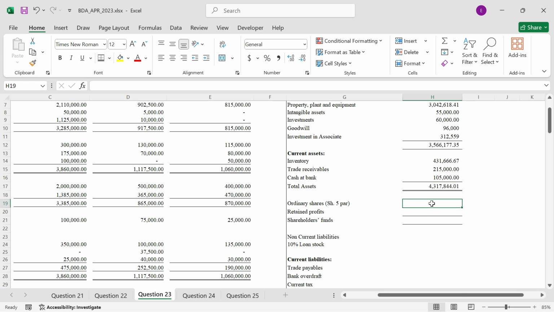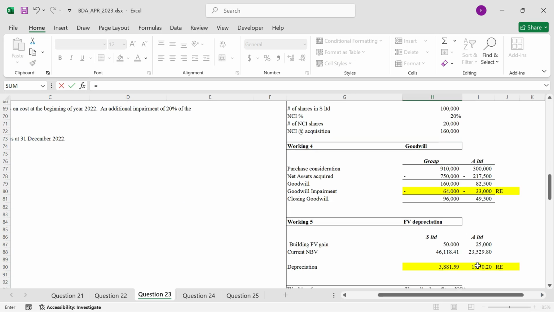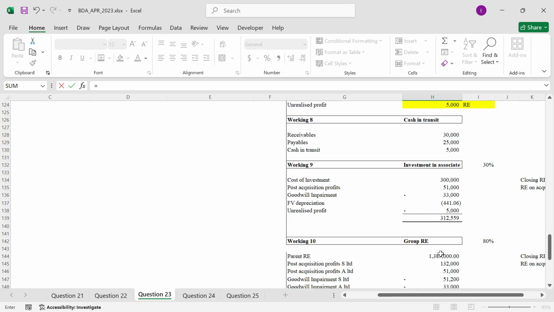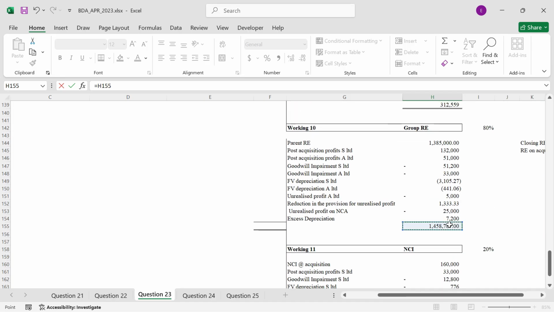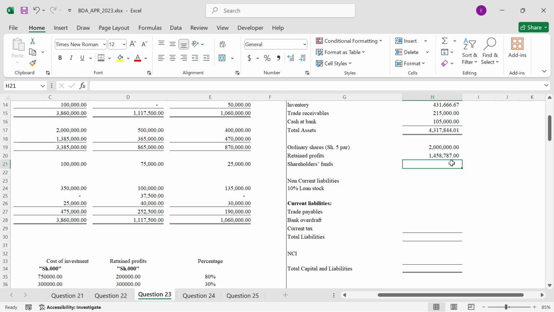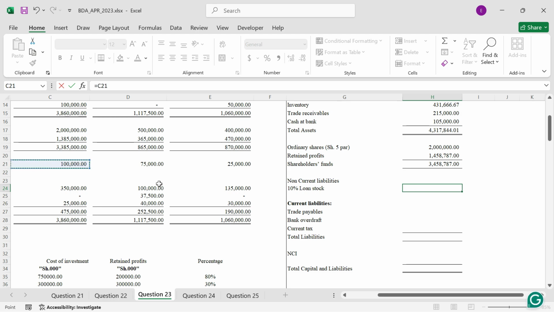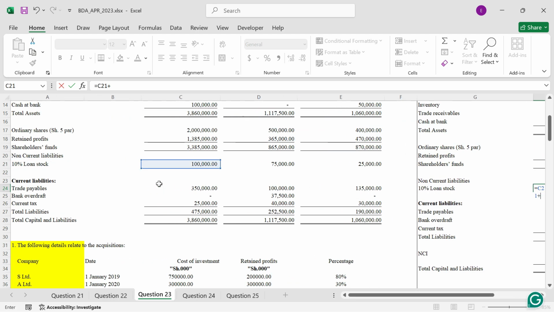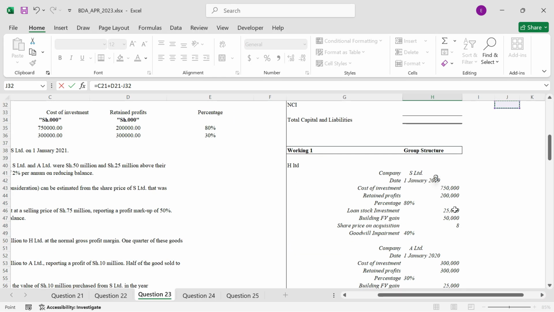For the ordinary shares, I'll pick the parent ordinary shares of 2 million. Retained profits, I already have a final value. My book retained profits of 1458.77 to give me a sum of 34.58. For the loan stock, I combine my values in full, but then I'll remove the investment in loan stock that was made by the parent company.